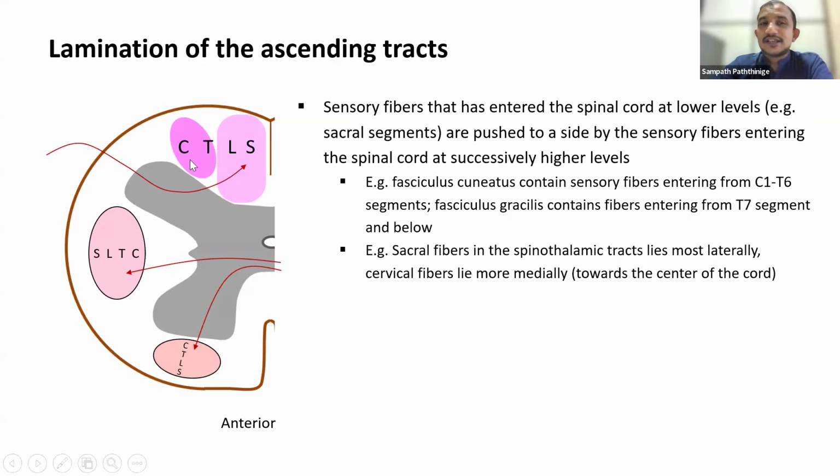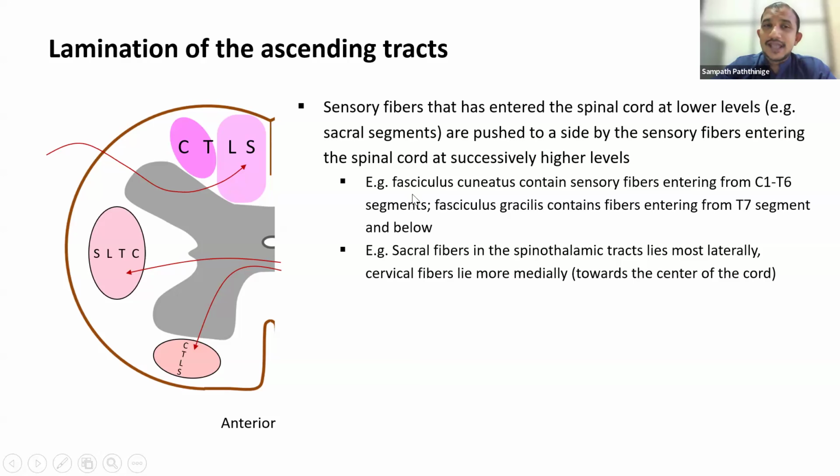In the posterior column, they are shifting toward this side. So the sacral fibers are pushed toward the middle, and the cervical fibers, which enter last, will be more toward the lateral aspect.